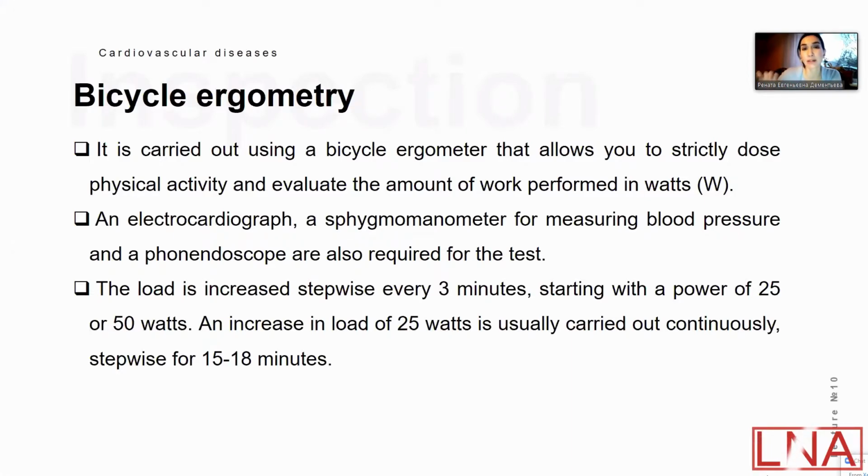Yes, in watts, and the doctor can increase the level of this load under control. An ECG, a sphygmomanometer for measuring blood pressure, and a phonendoscope are also required for the test, for assessing all parameters of the cardiovascular system.